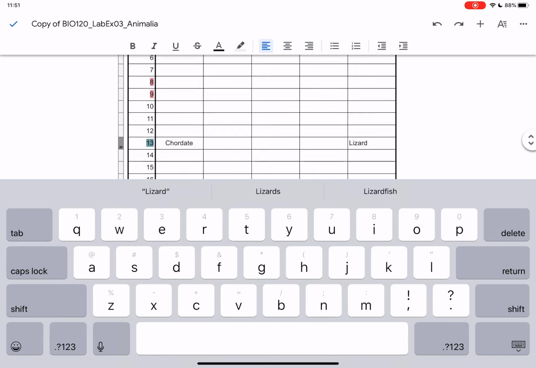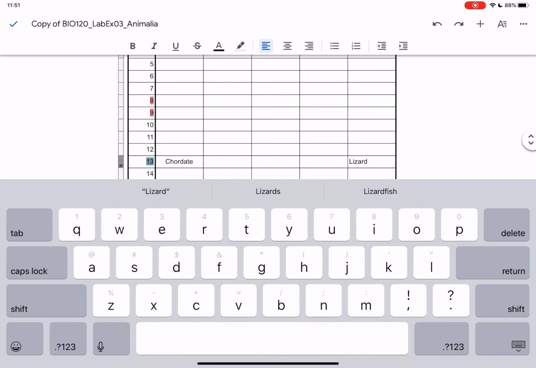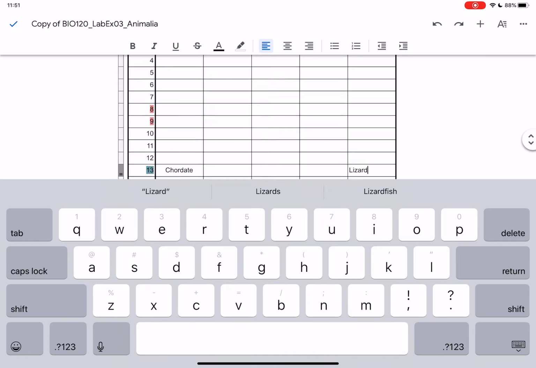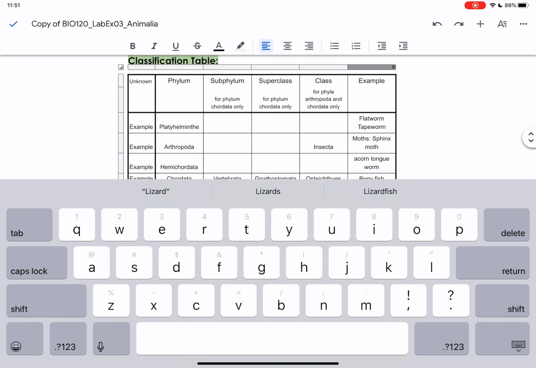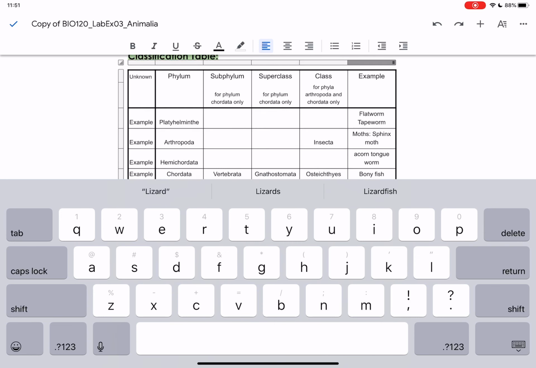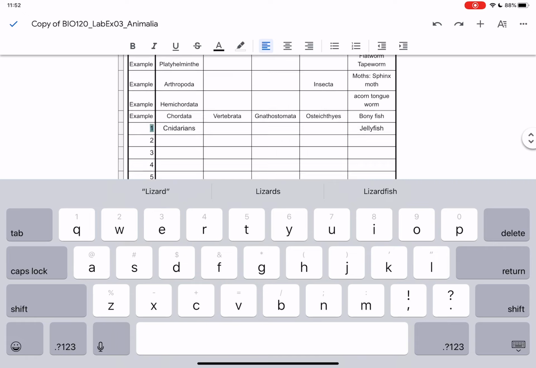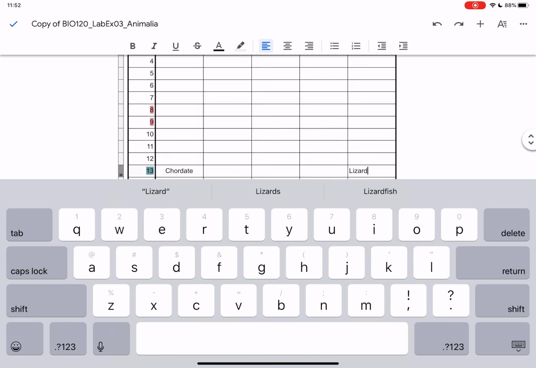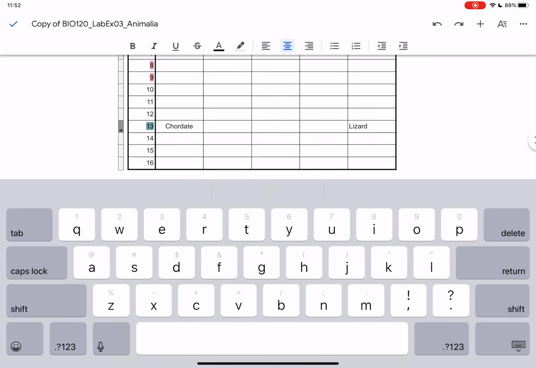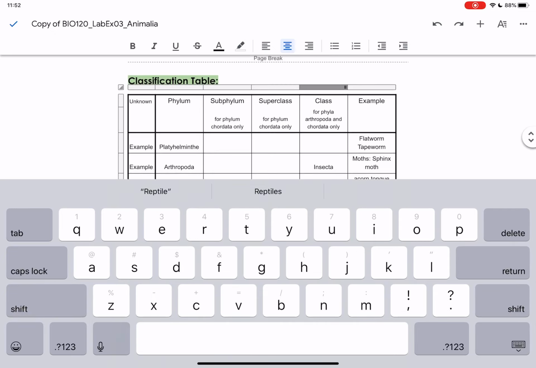So for a lizard, it's a reptile. And if you go back in my slides, you'll see that a reptile is a class within the chordate phylum. Okay? So you'd go to class and you would write reptile. And that's it for this example.